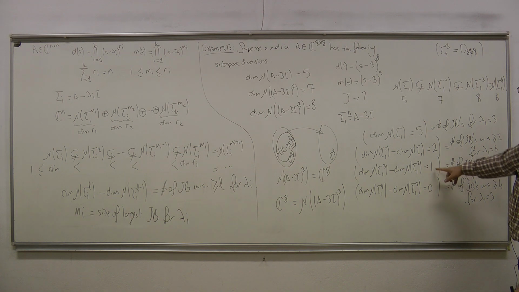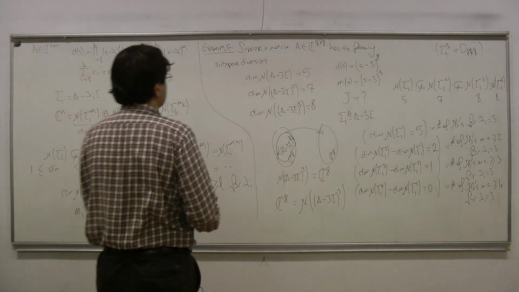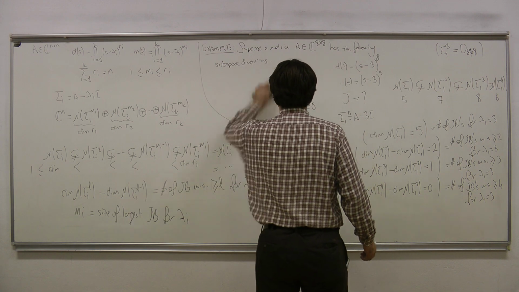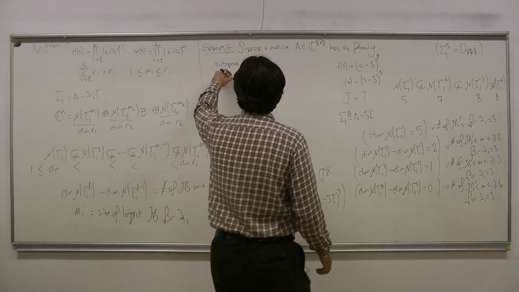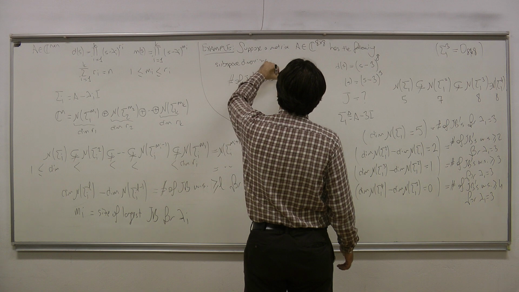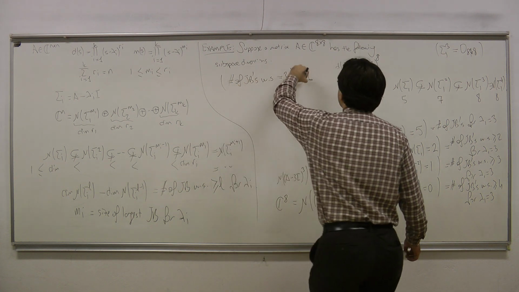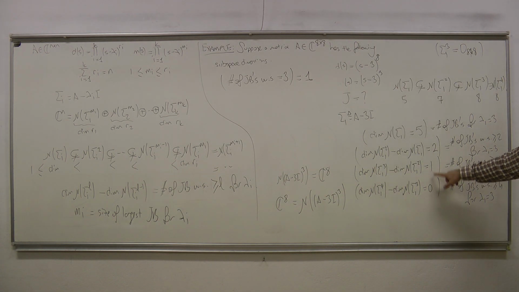So therefore, from this information, I get that the number of blocks whose size is equal to 3 is just 1. So let me write here, number of Jordan blocks with size equal to 3 is 1, because of these two numbers, the difference is just 1.